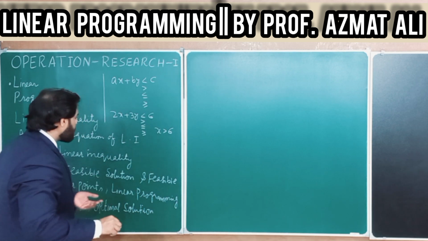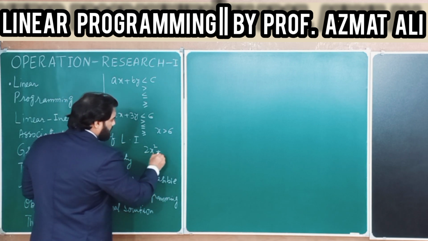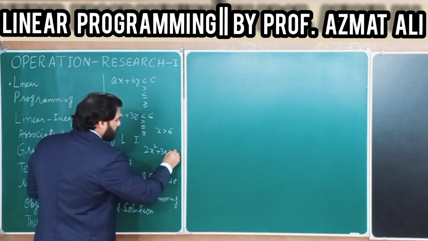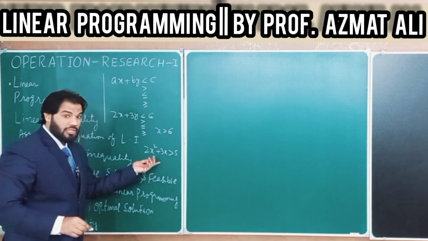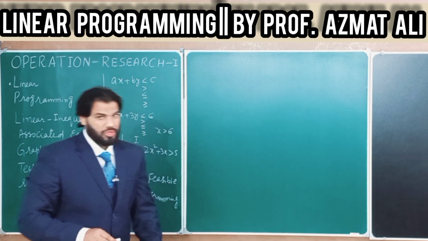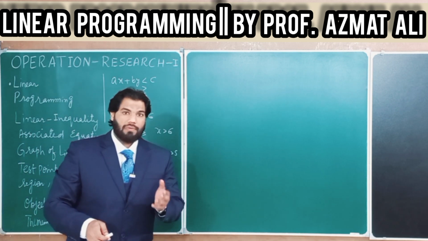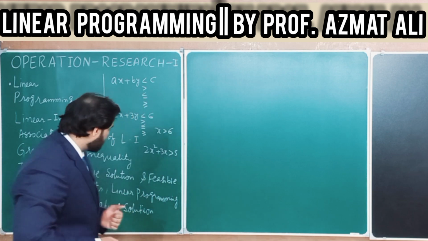But if you write 2x square plus 3x greater than 5, this is not a linear inequality. Now this is a quadratic inequality. So linear inequality is an inequality in which the variable has only power equal to 1.